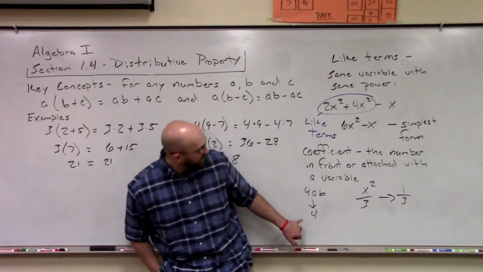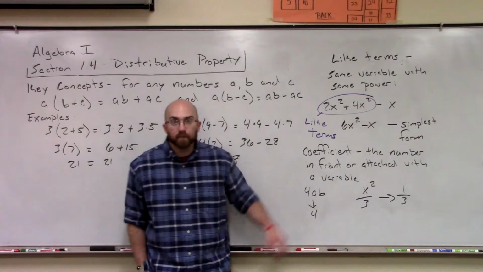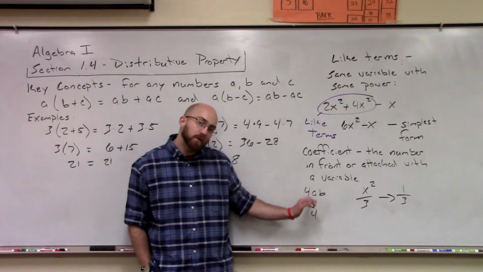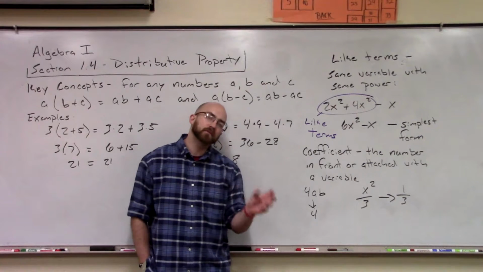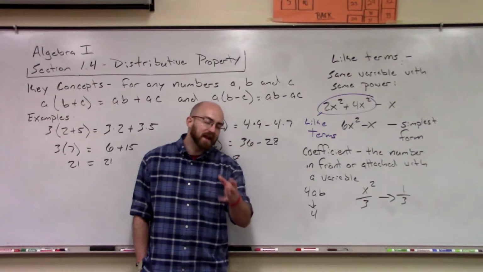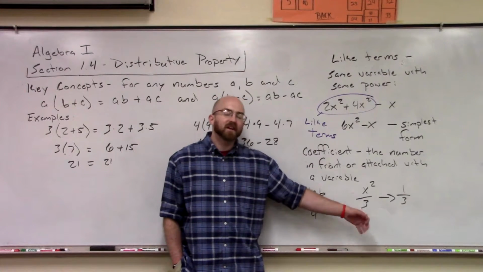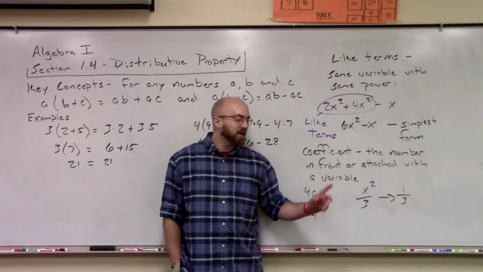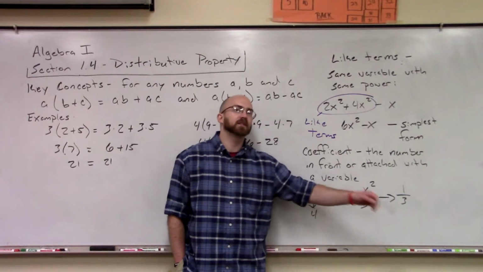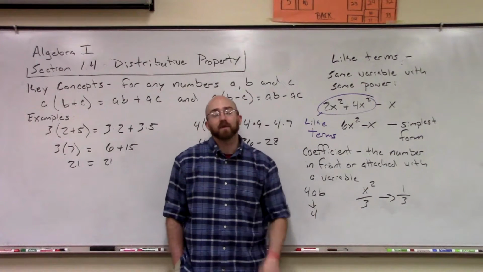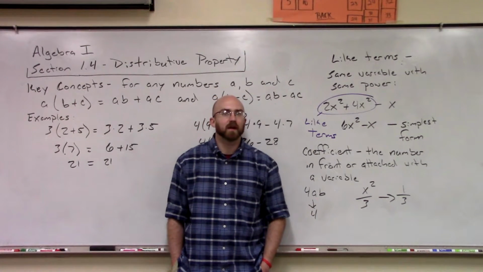And here's an example. I have a 4ab. A, b are variables. The 4 is the coefficient because it's the number in front of it. Now, I used the word attached earlier. This is x squared divided by 3. See how the 3 is not in front of the x squared? But I know I can write it as a fraction, 1/3, because it's being divided by 3. So it's being attached somehow.